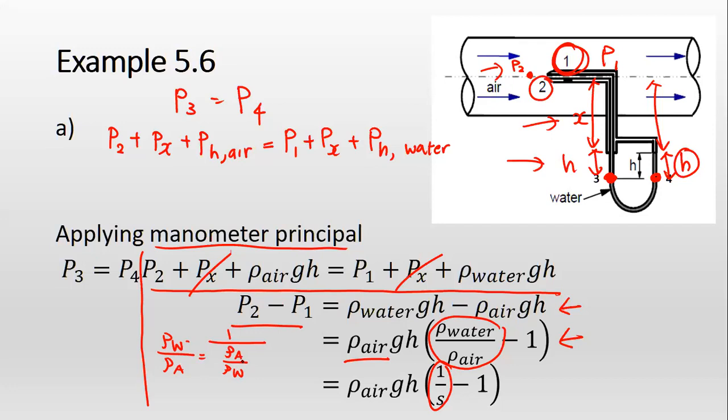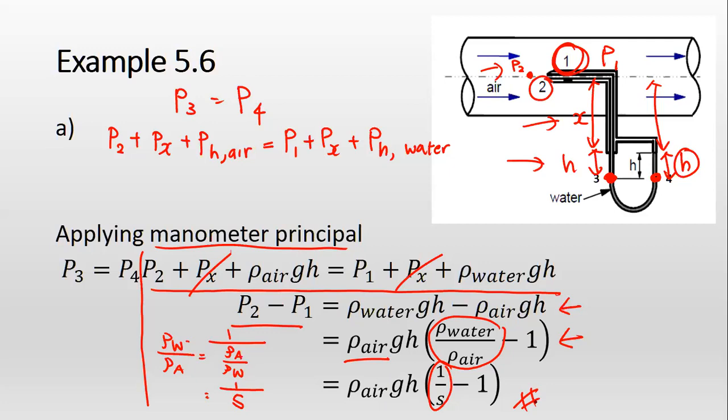So what is rho air over rho water? This is your S, which is the specific gravity of your air. This is how you convert rho water over rho air into 1 over S. Once you convert it into 1 over S, this is your final presentation.